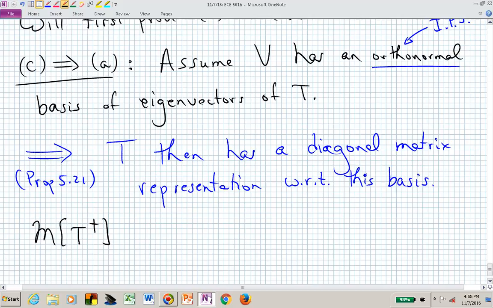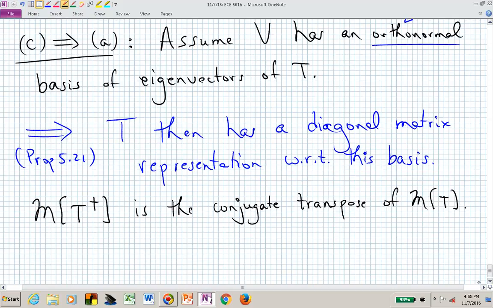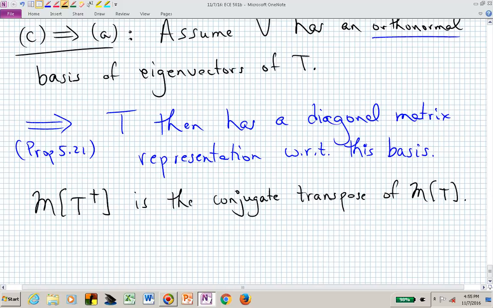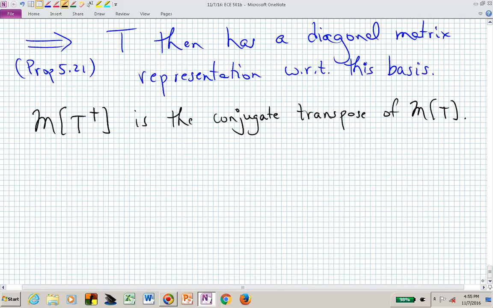So now we have the matrix representation of T dagger is the conjugate transpose of the matrix representation of T. But the matrix representation of T is diagonal. What happens when we transpose a diagonal? Not much exciting, does it? We get back the same matrix. So we now know that the matrix representation of the adjoint of T is also diagonal.